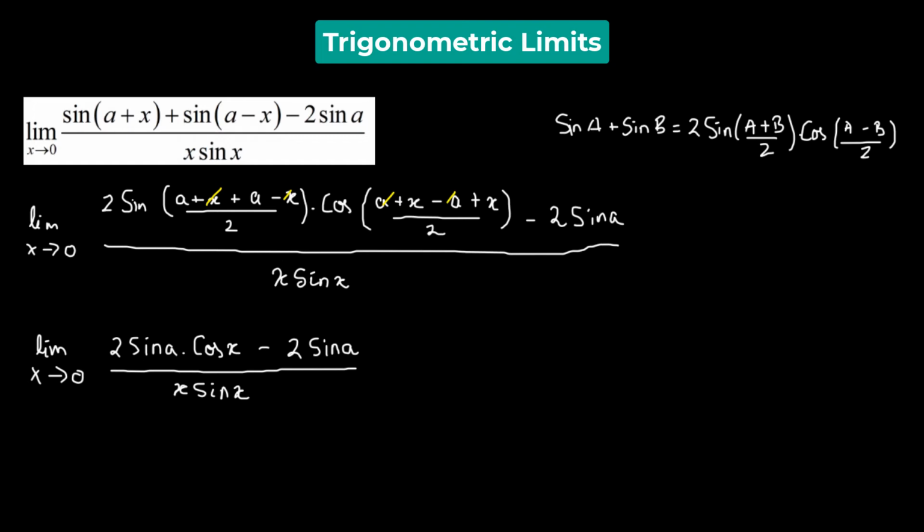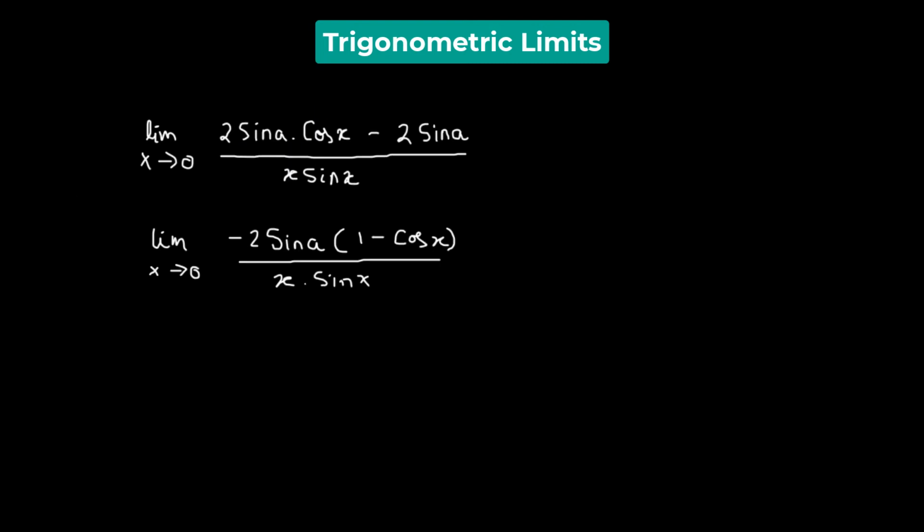So we have limit x approaching 0, negative 2 sine a times 1 minus cosine of x divided by x sine x. Now here we're going to use two identities.